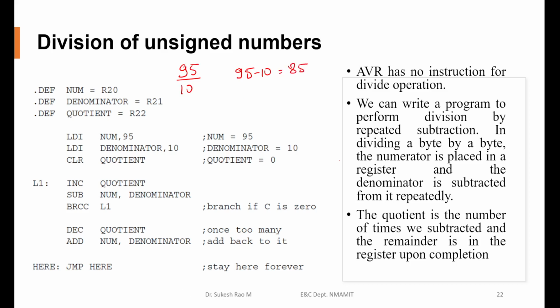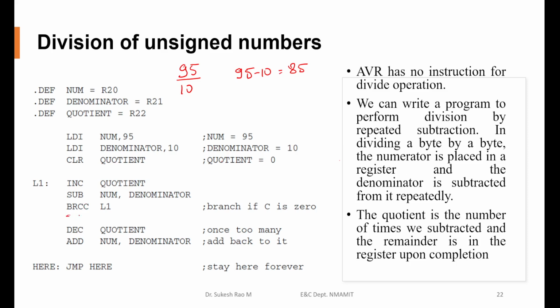Before the first subtraction, the quotient is incremented, an advance increment, and then I perform the subtraction here, and I check.